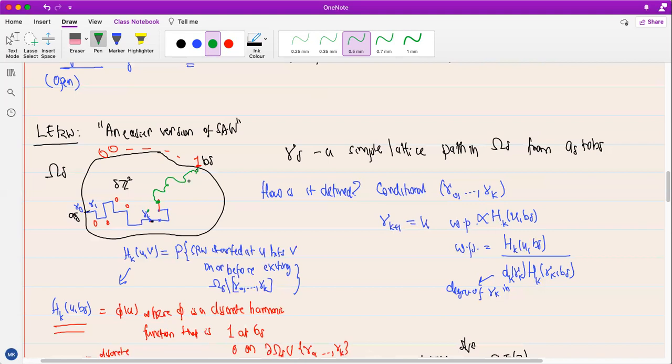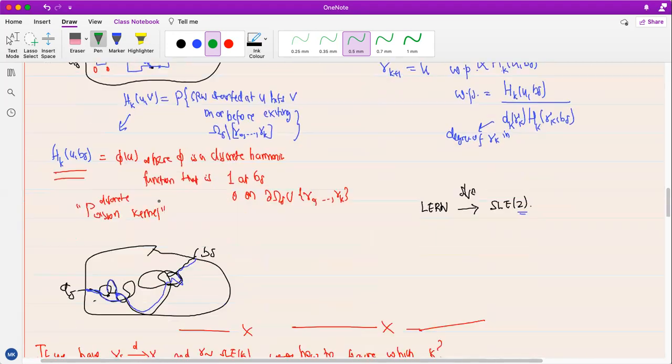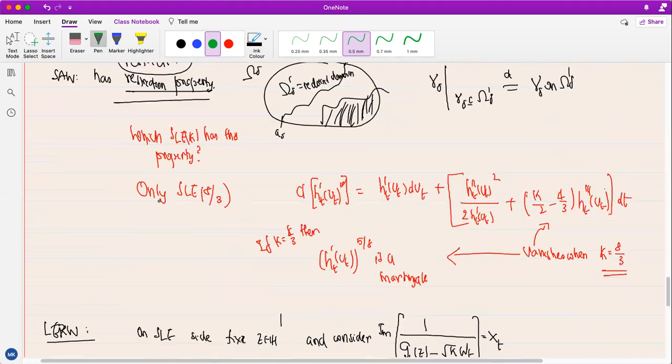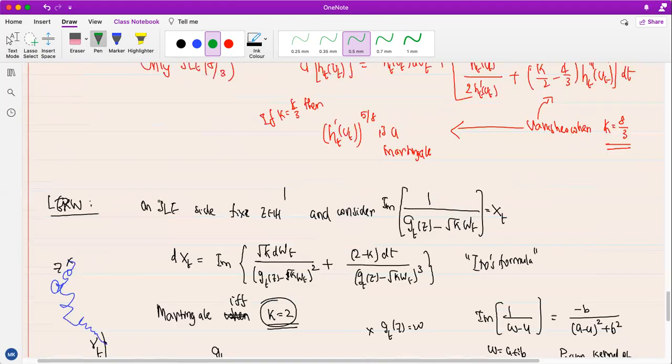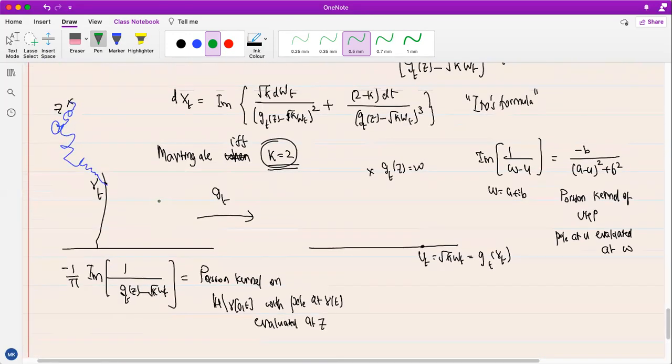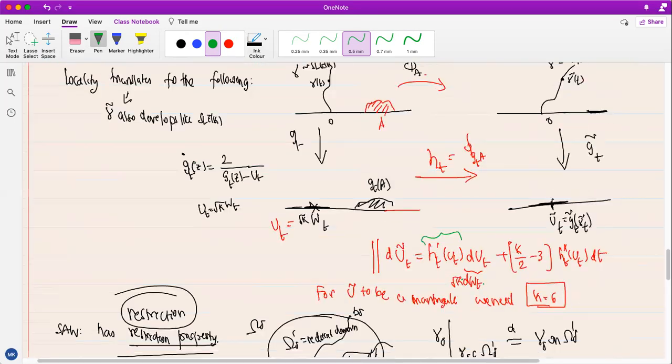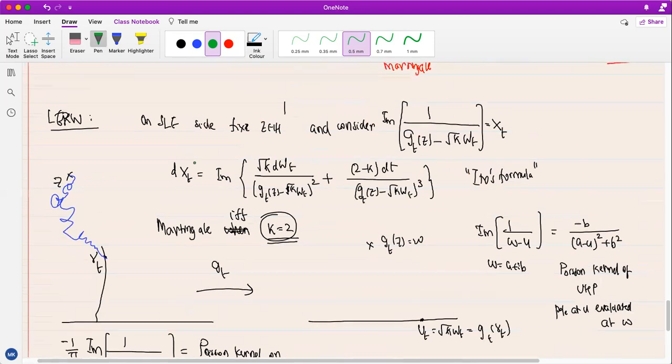That's actually also the Poisson kernel, with pole at b delta and evaluated here. Sorry, I will not be able to explain too well now. The point is that you express the corresponding things here.